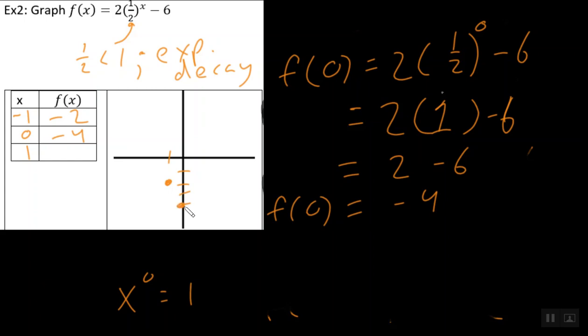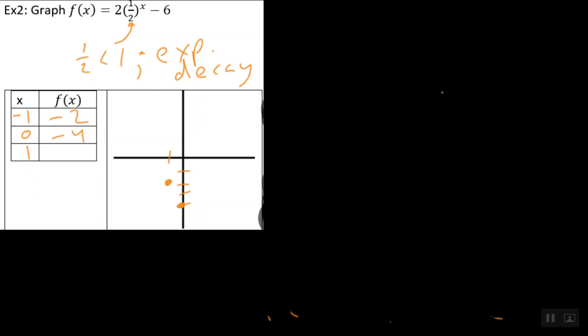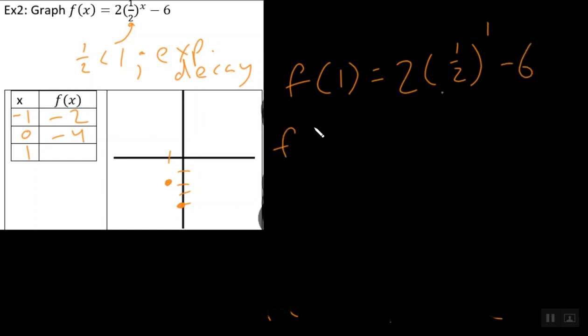And this brings us to our very last point where x is equal to 1. Let's go ahead and solve that. Okay, here we will have f of 1 is equal to 2 times (1/2) to the power of 1 minus 6. Now, notice anything to the power of 1 just does not change. So 1/2 to the power of 1 is simply 1/2.